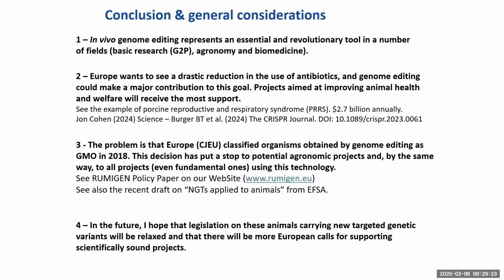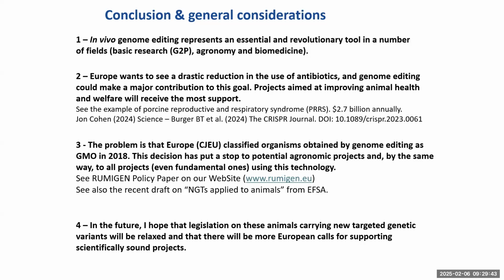So actually, the problem in Europe is that Europe has classified these organisms, plants and animals, as GMO. But the decisions are being revised, and you can have some input on this decision.